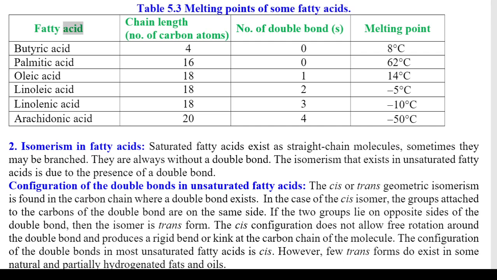Fatty acid. Chain length, number of carbon atoms. Number of double bonds. Melting point.